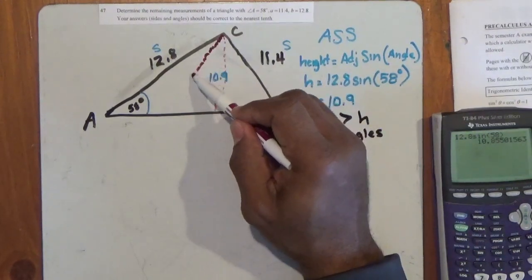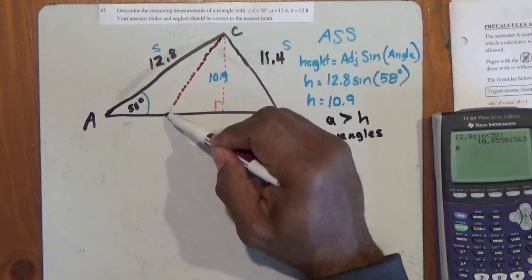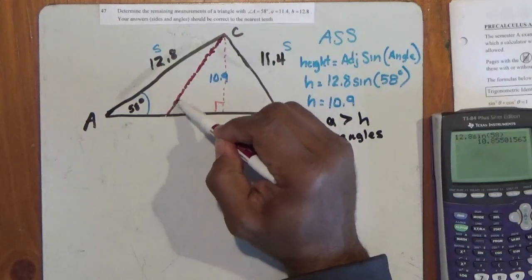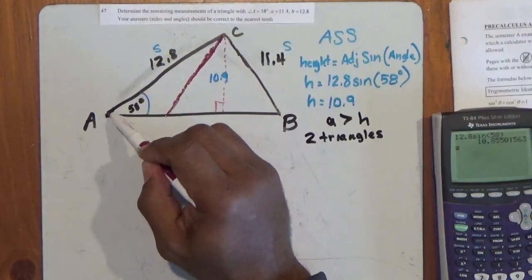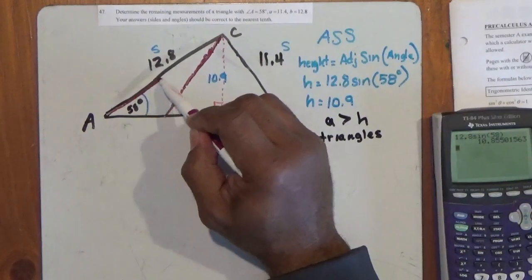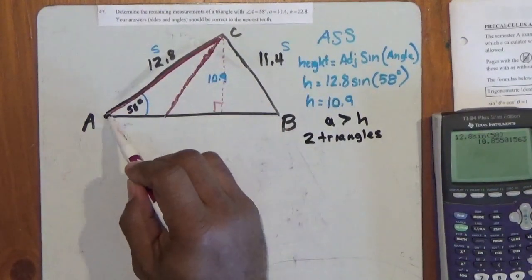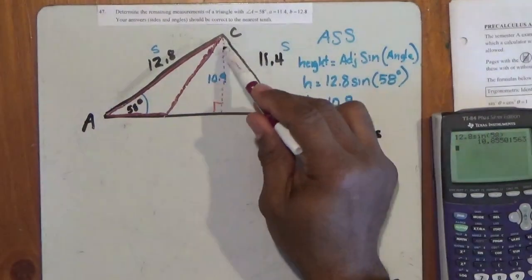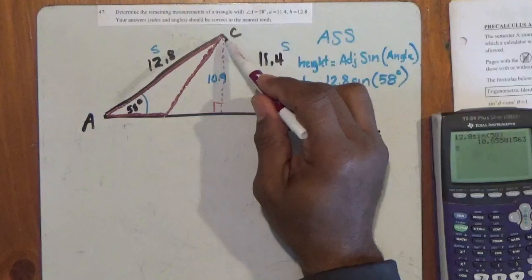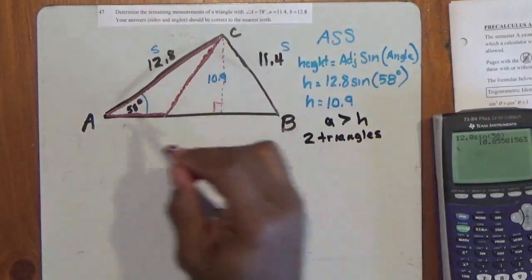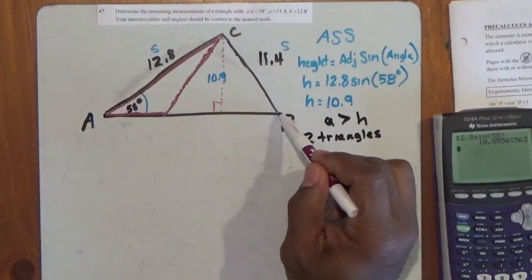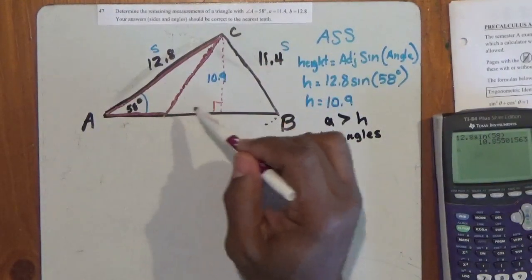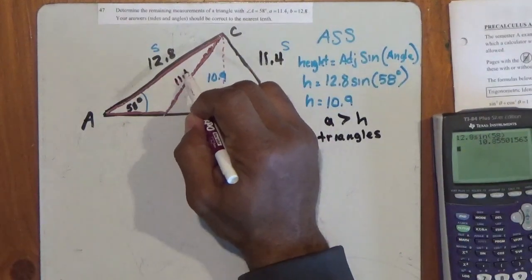What we have over here, we basically take away the isosceles triangle, so we have this triangle right in here. We have two triangles in this case because our opposite side can dangle. If it's reaching this base, it could be here, or it can go all the way through and back over to here. But this side is also 11.4.